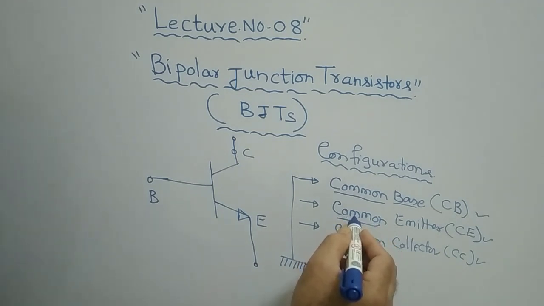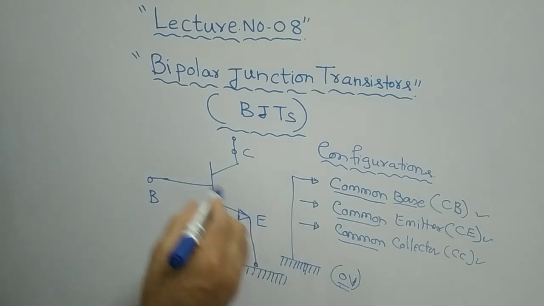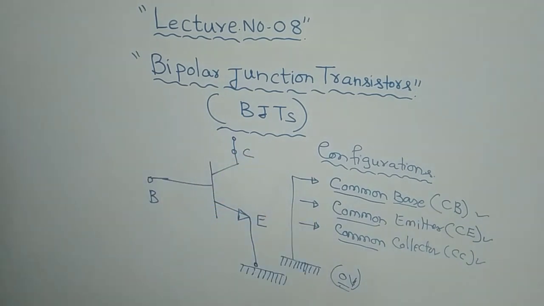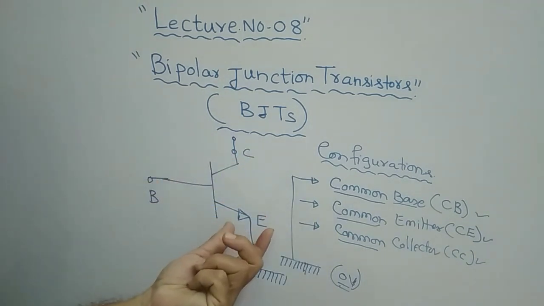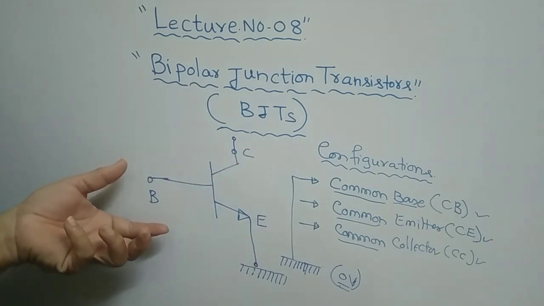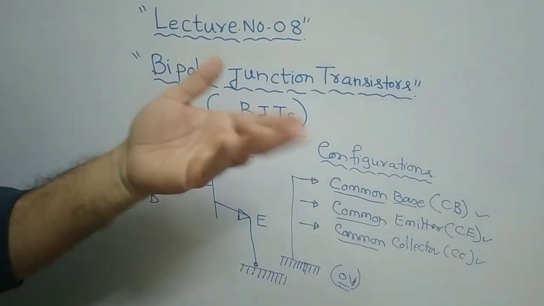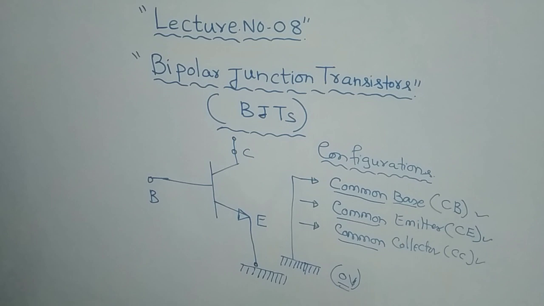Similarly, come to the second one, the common emitter. In common emitter configuration, the emitter terminal is kept common with respect to the remaining two terminals. What are the remaining two? If you put the emitter as common, the remaining two are base and collector. One of the terminals acts as the input terminal, whereas the other is taken as the output terminal.